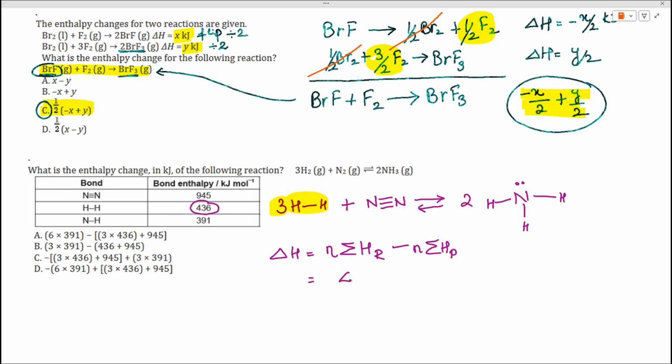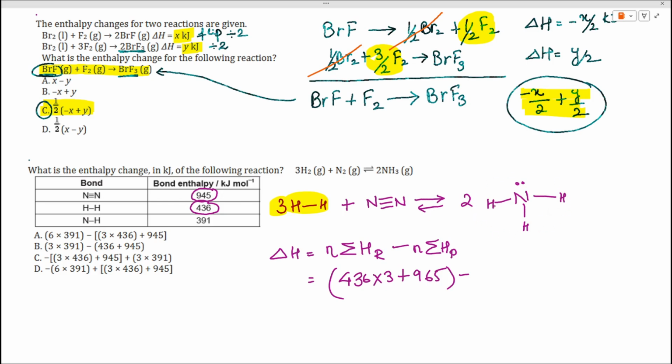436 and multiply it by 3, plus another bond involved on the reactant side, the nitrogen triple bond. So we'll take this and just add 965, and now subtract the bond enthalpies of the bonds involved on the product side.